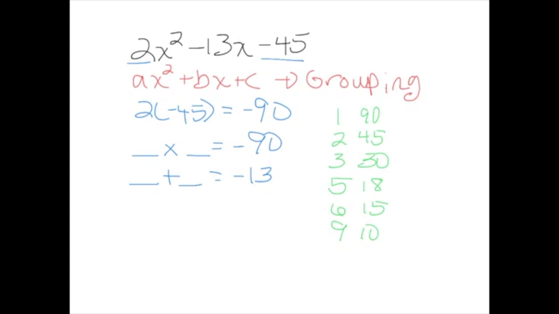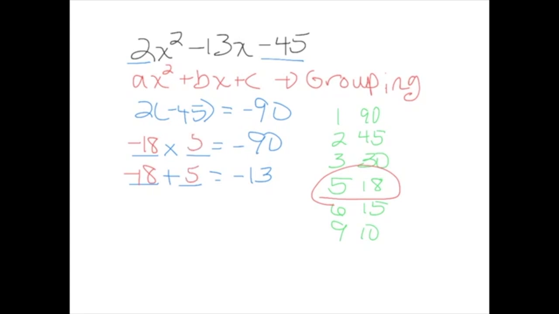The combination of numbers that multiplies together to give me negative 90 but adds up to give me negative 13 is 5 and 18. I'm going to make 18 negative, and that would give me the negative 13 sum.